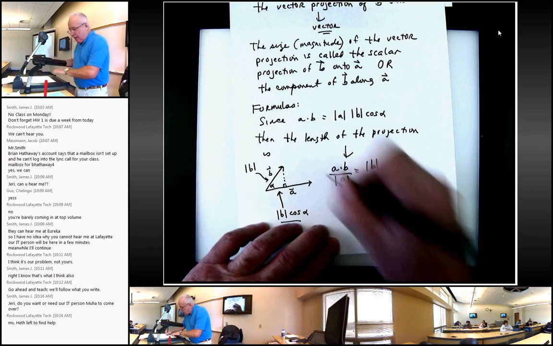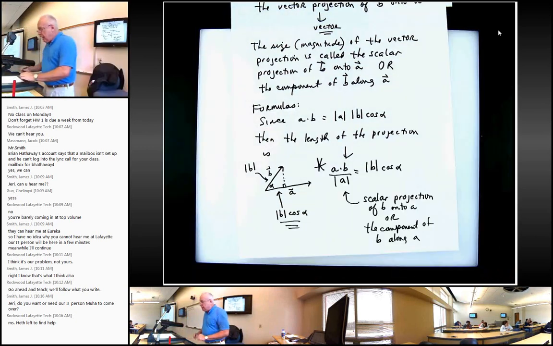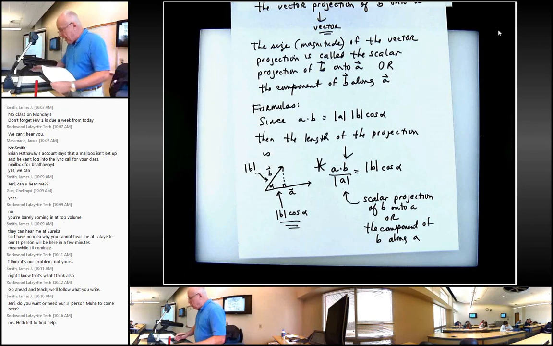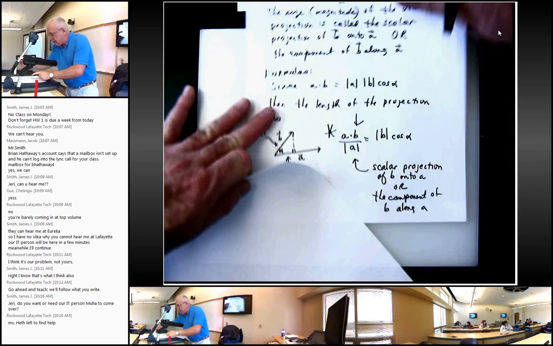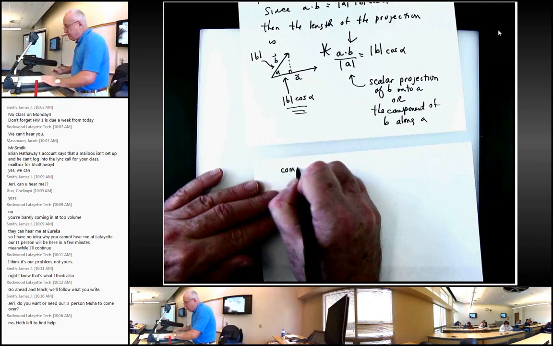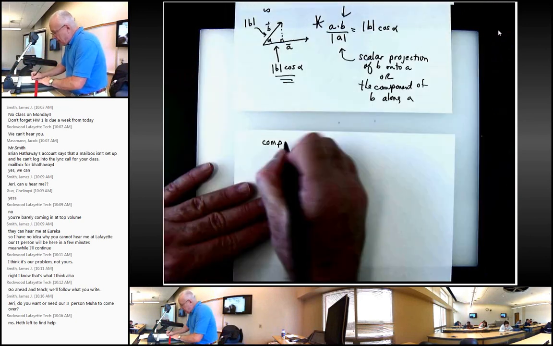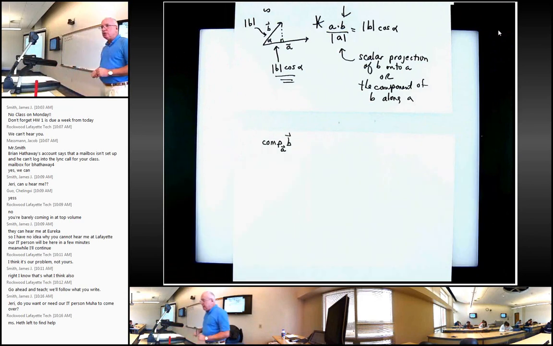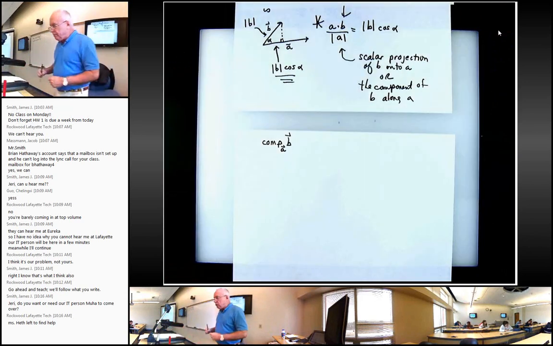So I want you guys to remember that. The shorthand for saying component of B along A is this: COMP for component, B right after it. It's along A, so we put A as a subscript down in between.